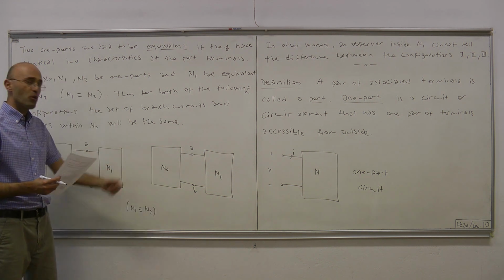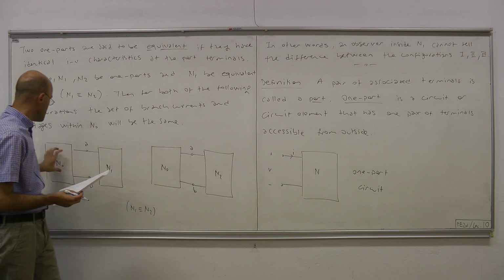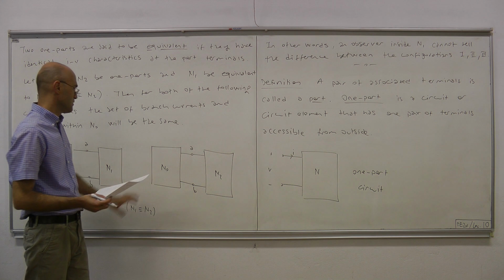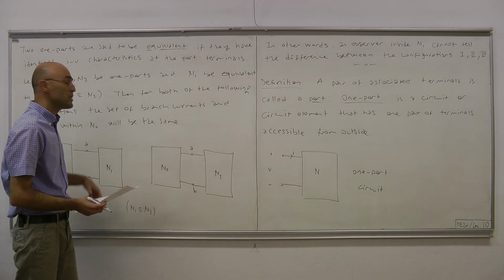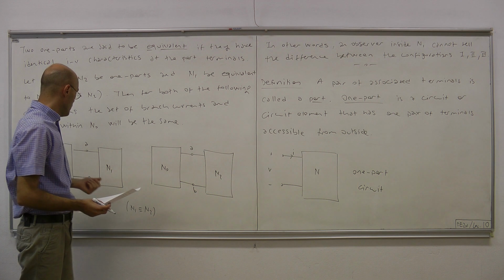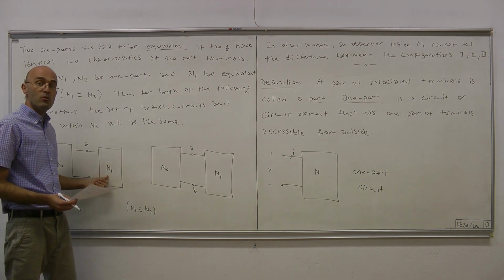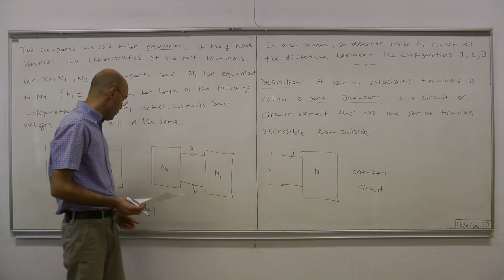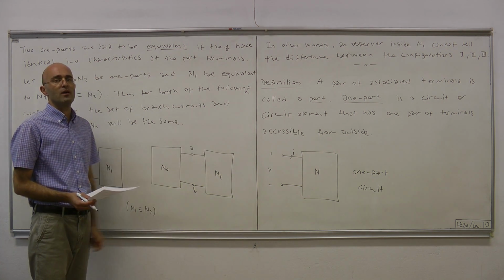And then in both of those configurations, inside N0, everything will be exactly the same. Okay? If you're just sitting inside N0, therefore, you cannot determine whether you're connected to N1 or N2 or N3, where N3 is equivalent to N1 and N2 and so on.